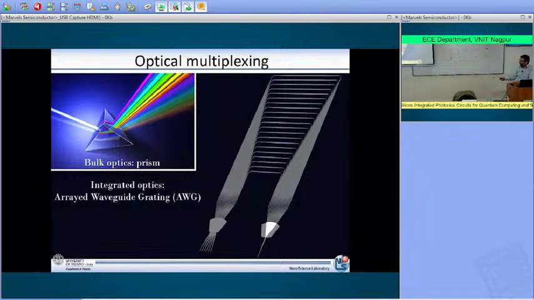All these output waveguides are those that constitute the arrayed waveguide system. Then in the central part, each one of these waveguides has a length difference with respect to the nearby waveguide.